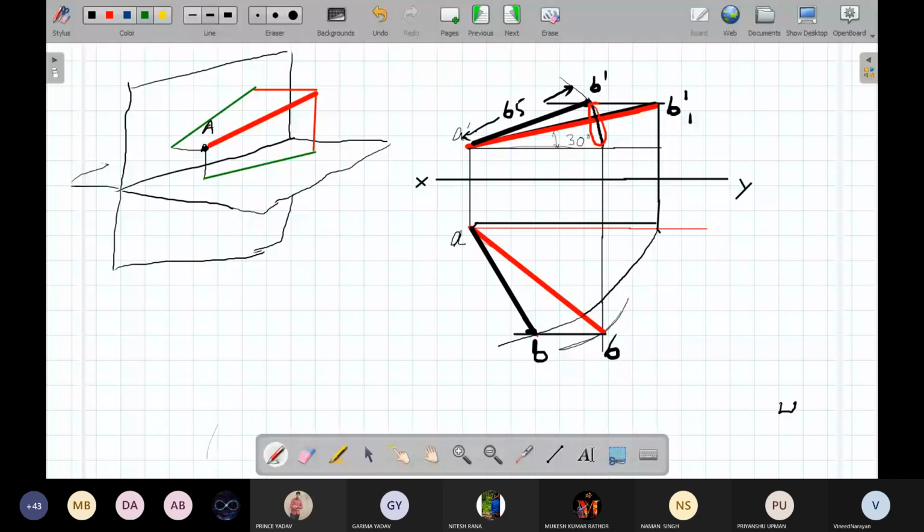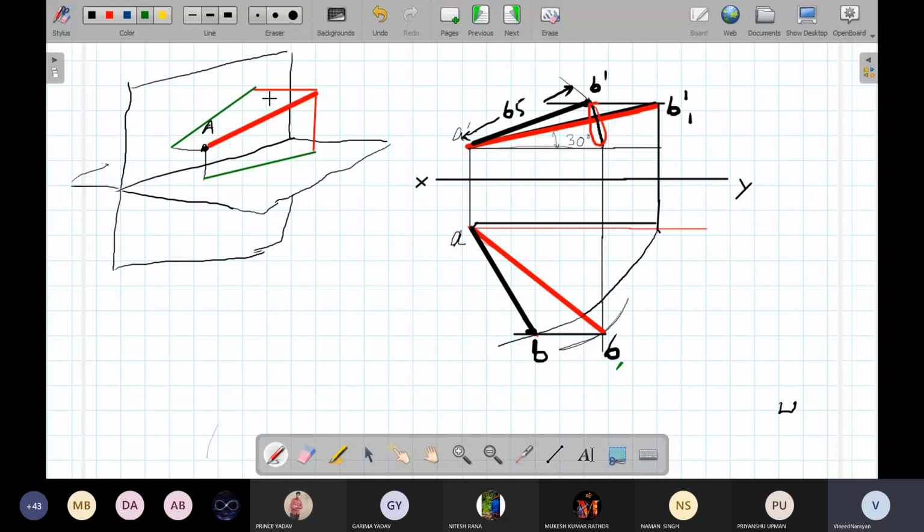Now, in order to get the true length, we have to rotate in any plane. So let's rotate this front view, the 65, this one, till it becomes parallel to the horizontal plane.